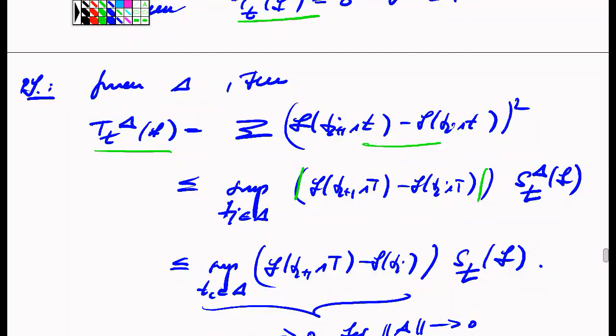This is the factor which I take out as a factor in front in order to obtain an estimate from above. And what remains is the sum of these individual increments, which is the term which appears in the approximation of the variation of the function f.